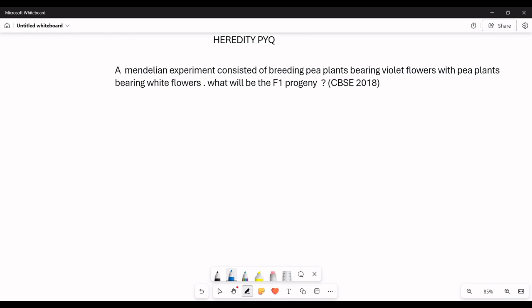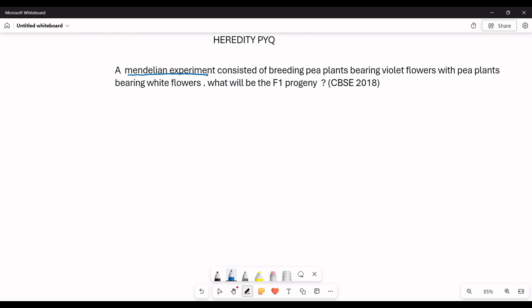So a Mendel experiment always means the first generation will be pure dominant and pure recessive. Before starting any question, we have to understand what the question is all about. Not only understand, but also mark the important points of the question.